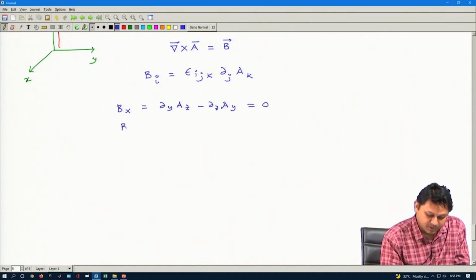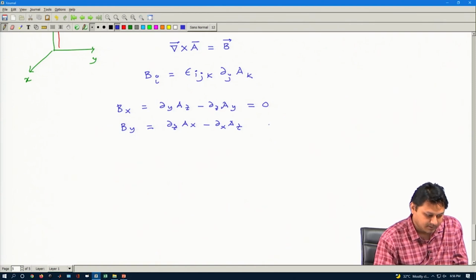The y component is del z A x minus del x A z, and that component is also 0.